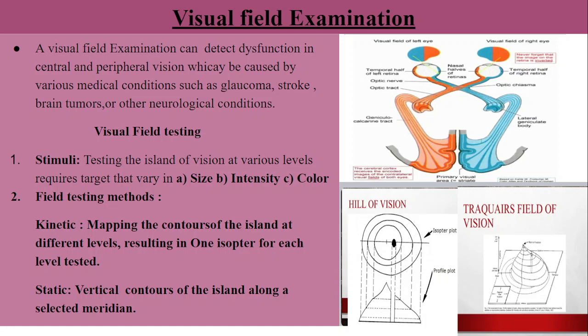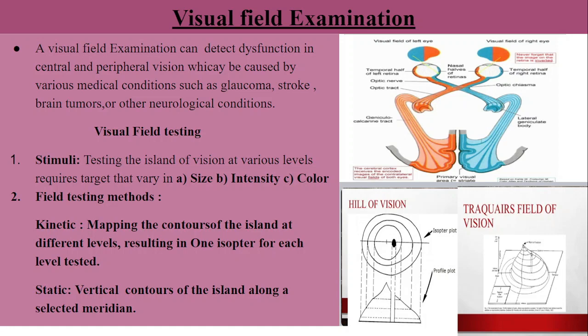During the test, the patient is typically seated in front of a machine that projects a series of lights or targets onto a screen. The patient is then asked to indicate when they see the lights or targets by pressing a button or responding verbally.